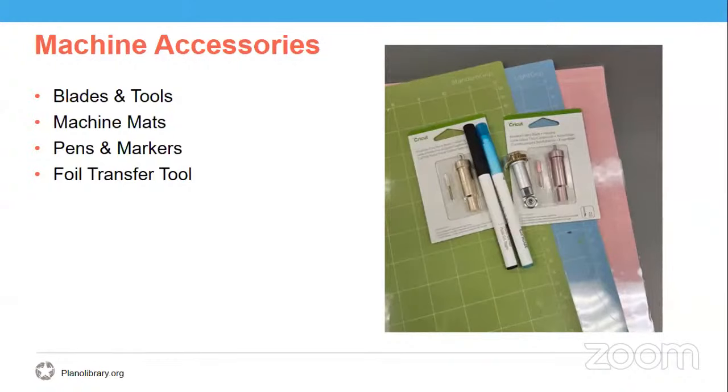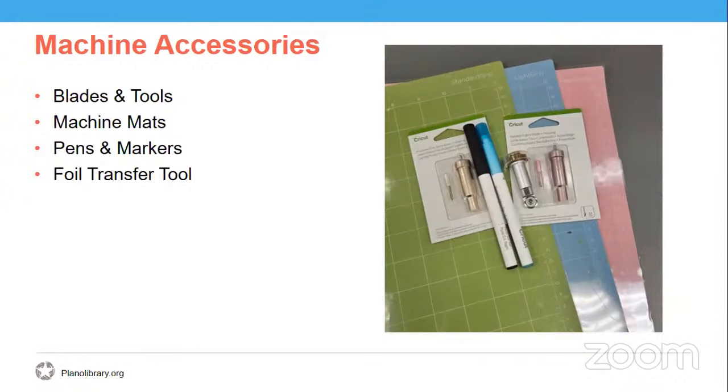So you have your premium fine point blade, which has a gold housing. It's a standard blade usable for cardstock, vinyl, and more. And then there is the deep point blade, which is a black housing, and it's a heavy duty blade with a steeper blade angle, 60 degrees versus 45 degrees, usable for thicker materials like felt, thick cardstock, magnet material, and more.